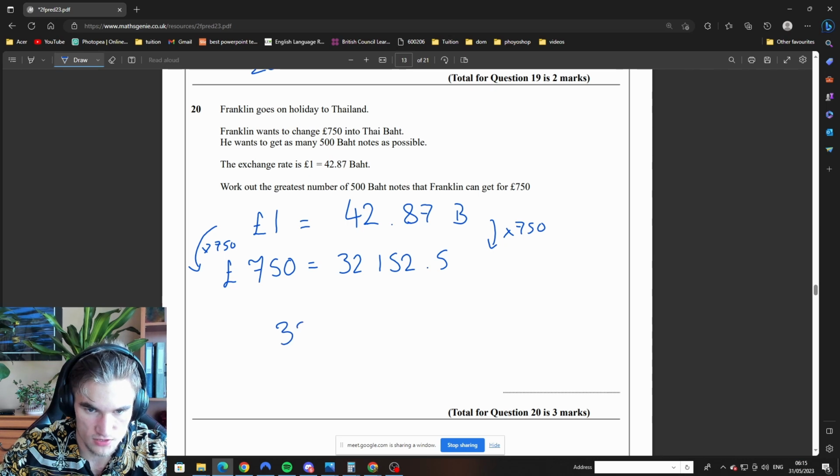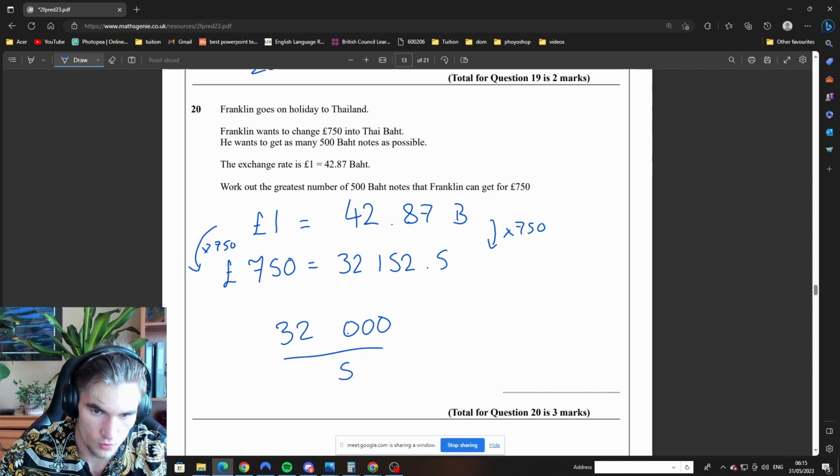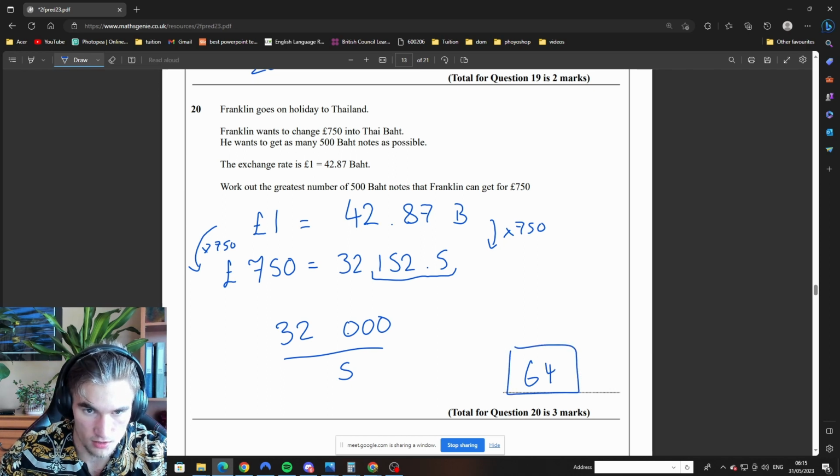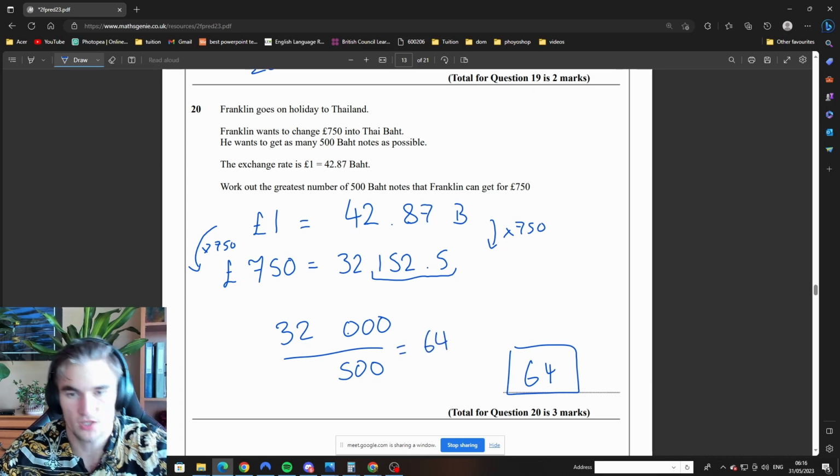All I have to do is 32,000 divided by 500. Because 152.5 isn't enough to make a 500 banknote, so I'm just going to use the 32,000, right? So I'm going to do 32,000 divided by 500, which leaves me with 64. So we can have 64 500 baht notes, okay? So the answer is 64, okay?